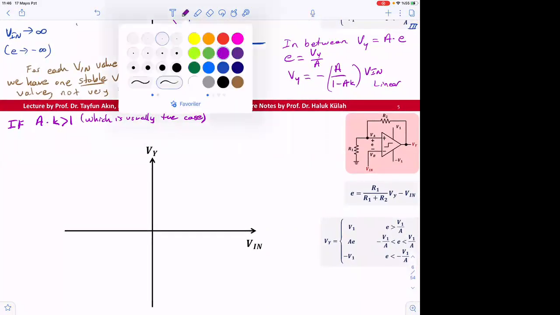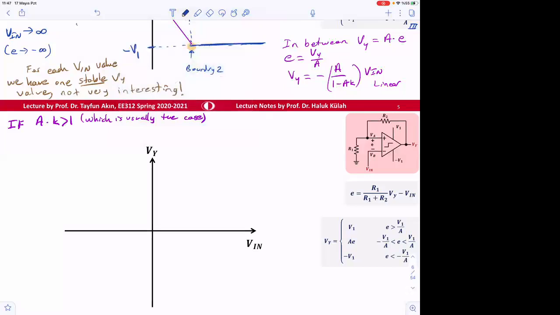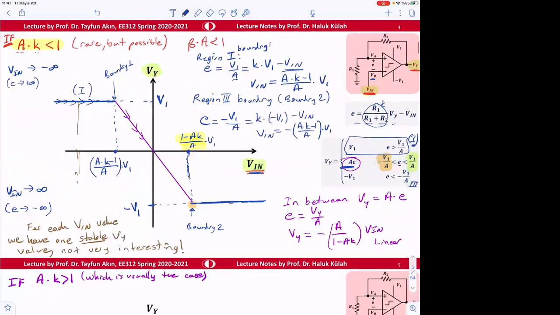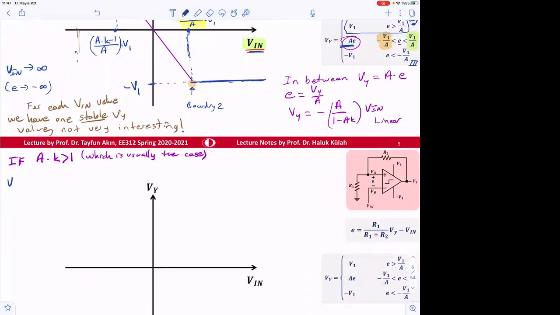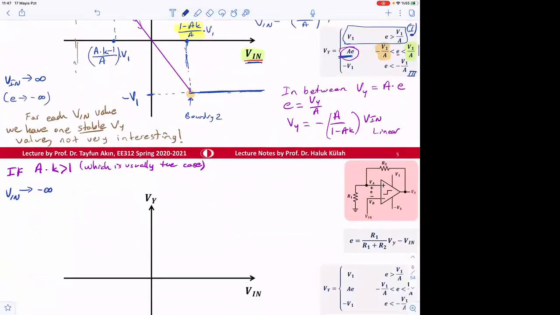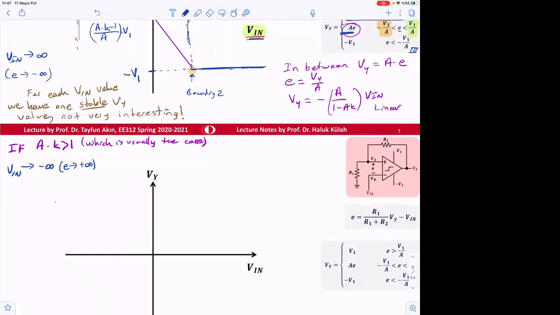I'll do this now a little bit quicker, because we did it here already. So the same circuit, Vin goes to minus infinity. When Vin goes to minus infinity, that means E goes to plus infinity. So if E is plus infinity, the output value again is going to be V1. So the signal will be coming from here.